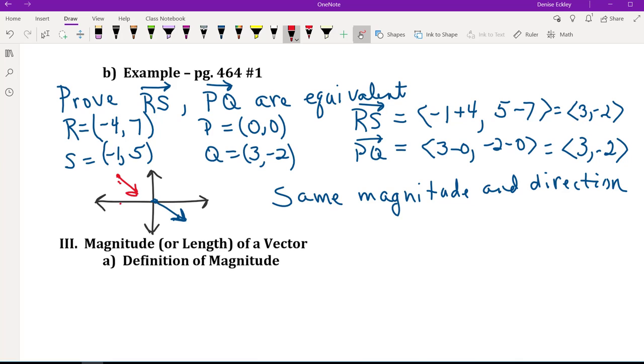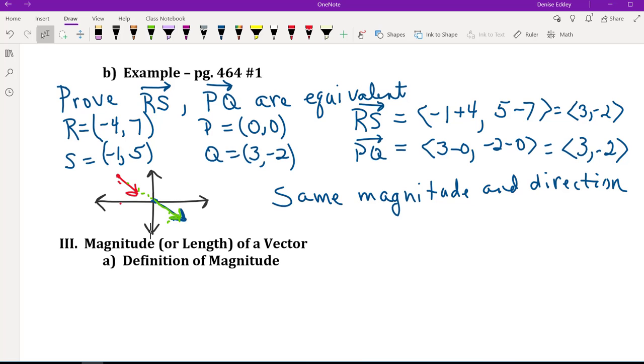So this is where I was talking about that you can actually just take this vector and move it, and it would end up being right on top of the other one, the same length and direction. So they don't have to start at an origin, but for the most part we do that to do all the operations that we're going to do.